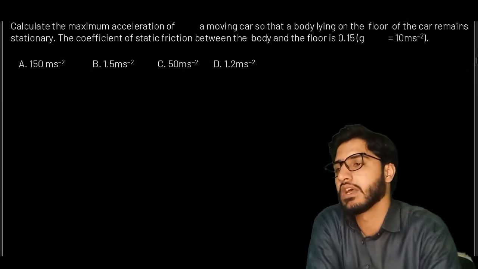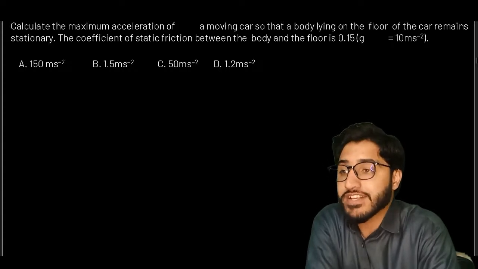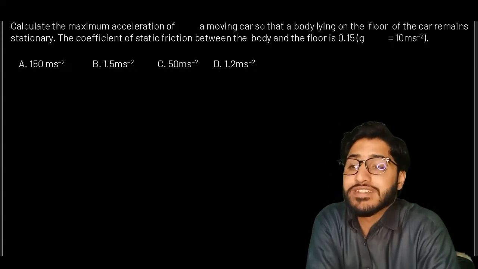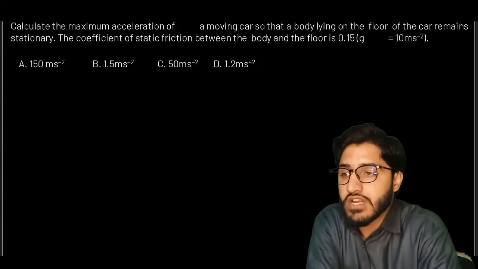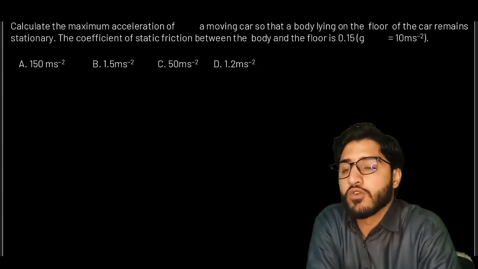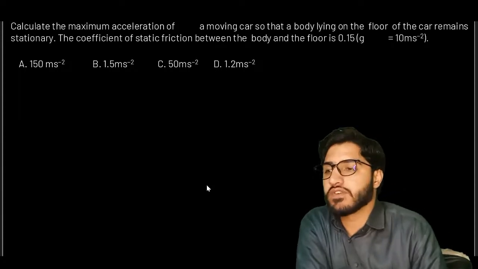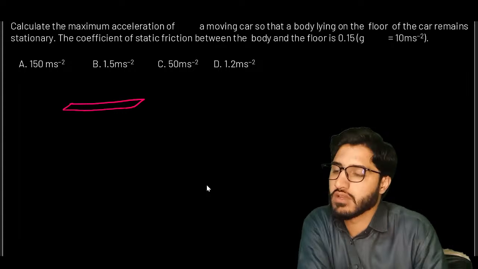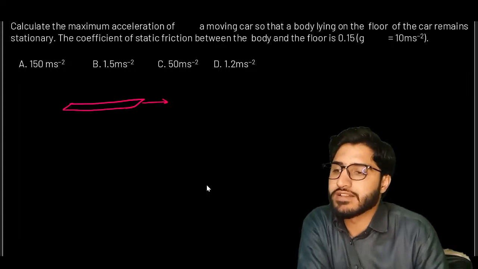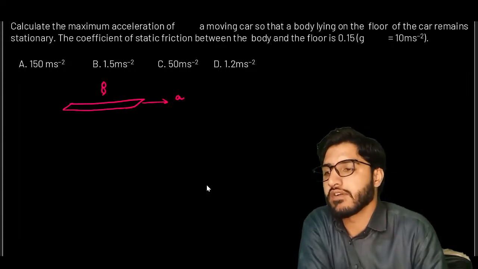Next numerical. Calculate the maximum acceleration of a moving car so that a body lying on the floor of the car remains stationary. The coefficient of static friction between the body and the floor is given. So if we have something like this, and the body is going with some acceleration A, and here we have a person.